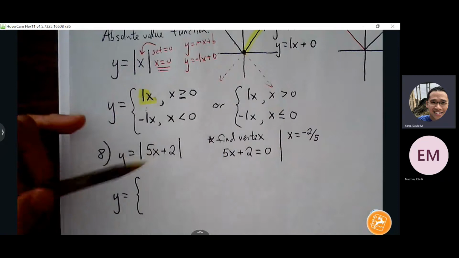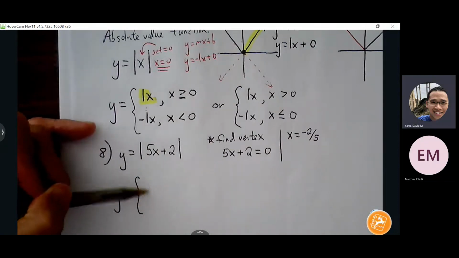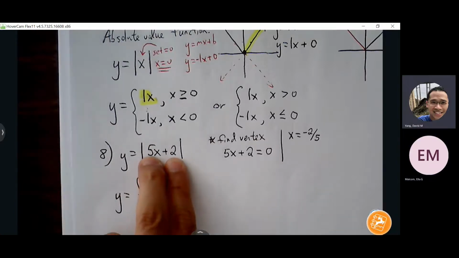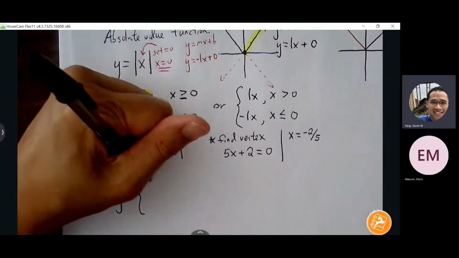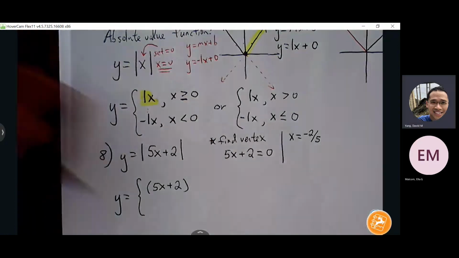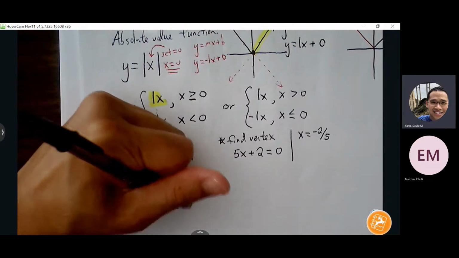Now, the way we decide which expression goes here, basically it's just going to be either a positive or a negative version of what's inside the absolute value bar. So there's going to be a 5x plus 2, and there's going to be a negative 5x plus 2.